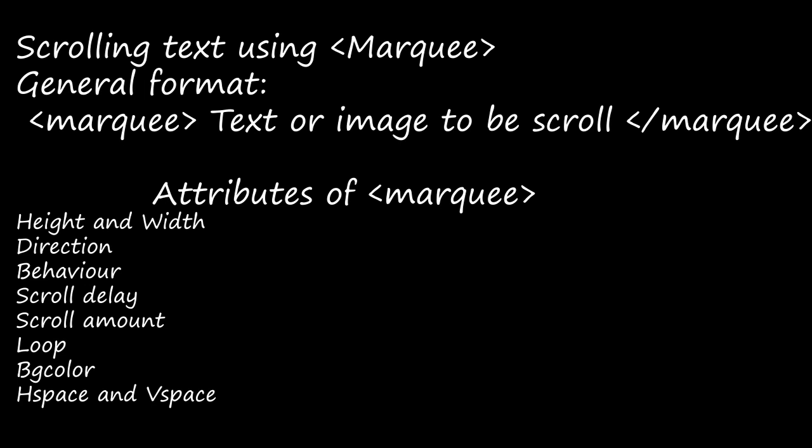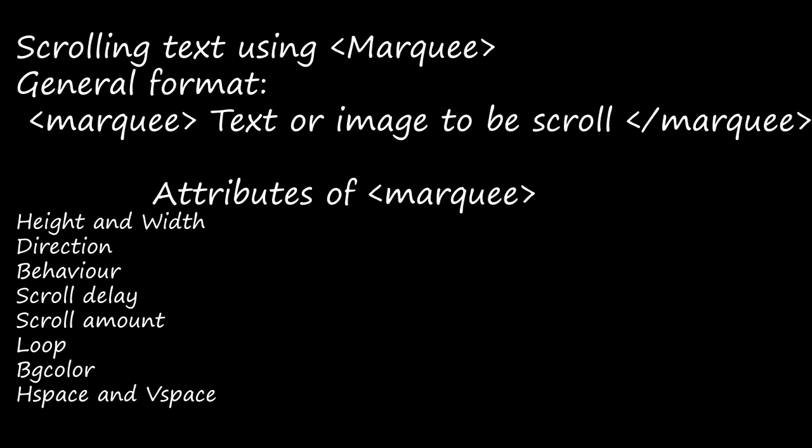For that you have to give marquee space direction is equal to right, or marquee space direction is equal to left, or marquee space direction is equal to up, or marquee space direction is equal to down. Like that you can give any direction you wish, right? The next one is behavior.